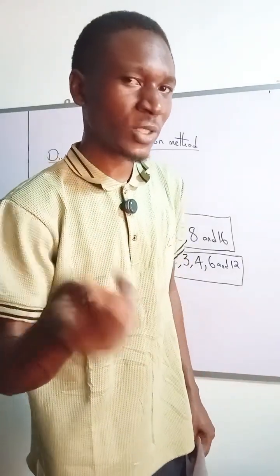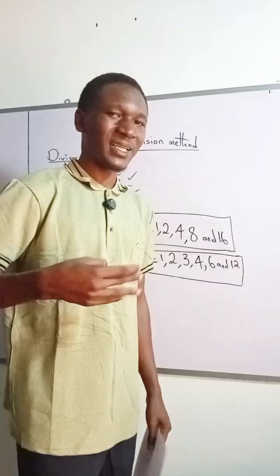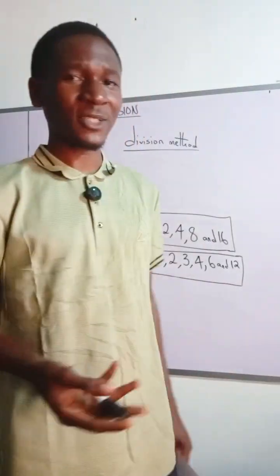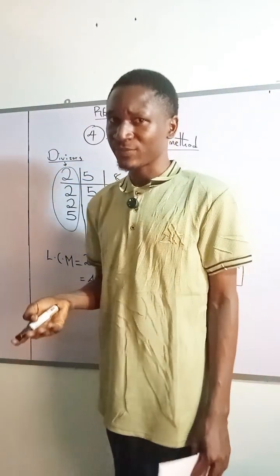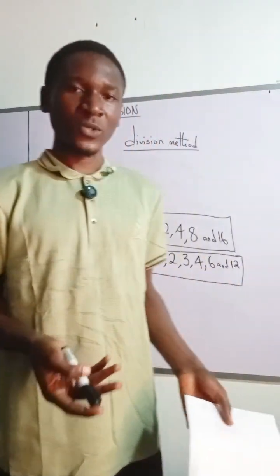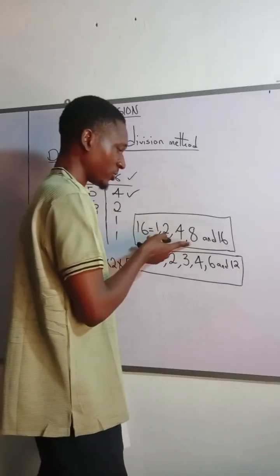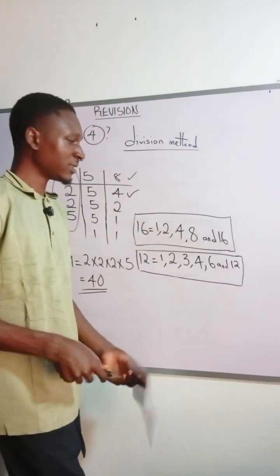For example, you might see questions like, which of the following options is a factor of this? I can ask you, which of the following is a factor of 20? Which of the following is a factor of 10? You have to look at the options and check if you can see any of these factors there, and then you take it.